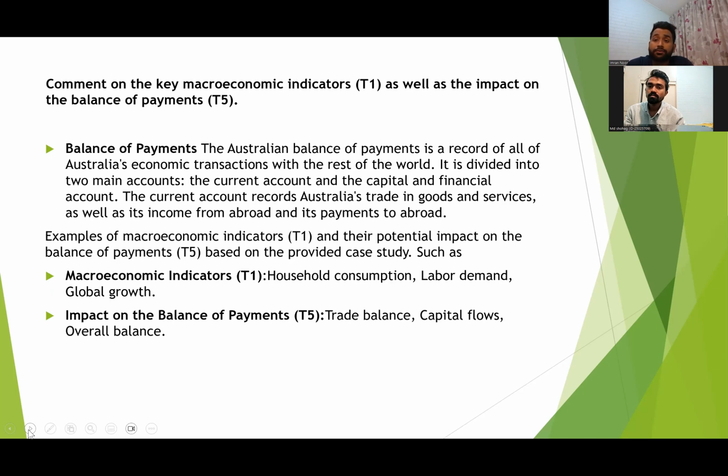The current account records Australia's trade in goods and services, as well as income from abroad and its payments to abroad. The capital and financial account records Australia's investment in other countries and the investments of other countries in Australia.